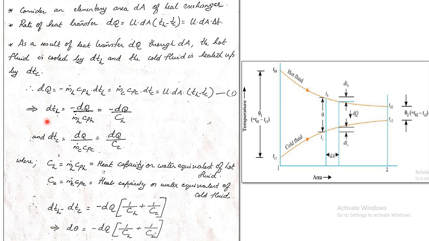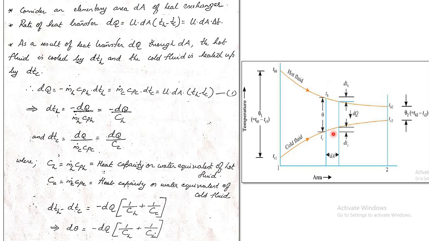Now perform the operation dTh minus dTc. dTh minus dTc is equal to minus dQ by CH minus dQ by Cc. So take this quantity dQ outside the bracket: minus dQ multiplied by (1 by CH plus 1 by Cc).